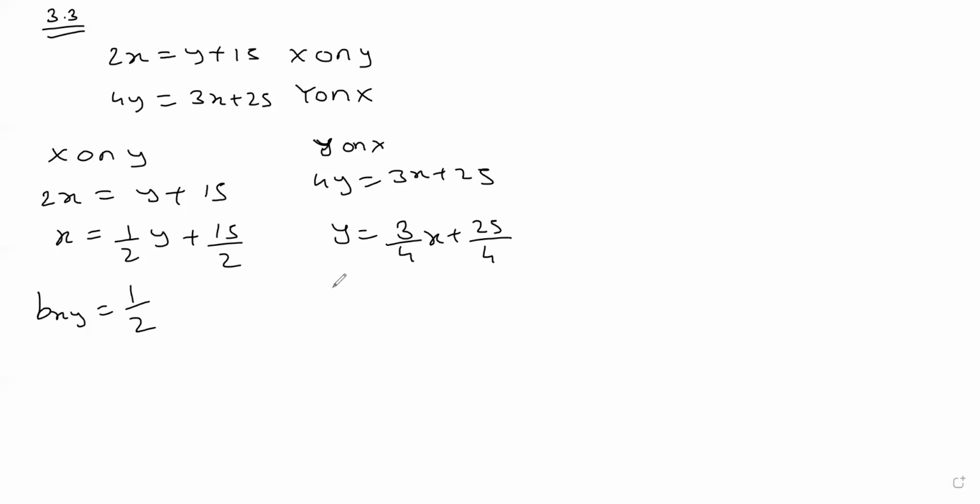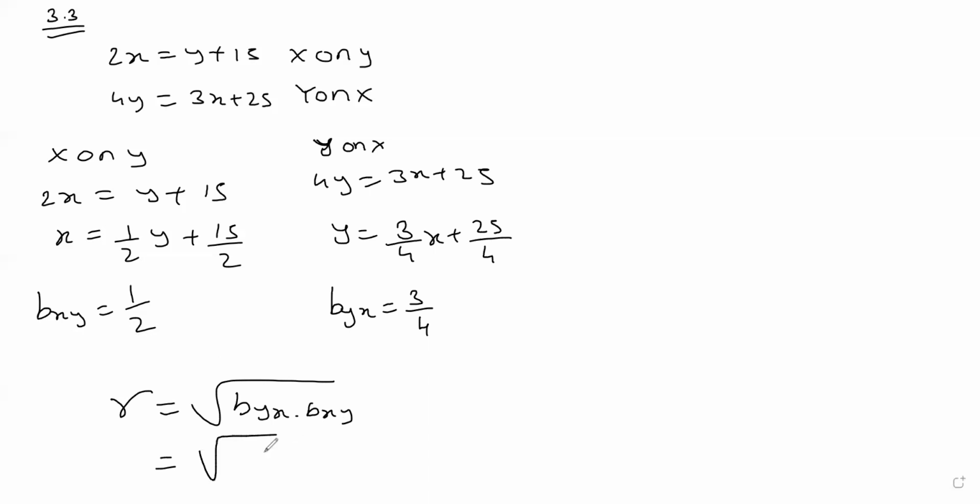So byx is 3/4. So the second, third and fourth we have already found. This is third, this is fourth. r is the square root of byx into bxy. So under root 1/2 into 3/4, that is under root 3/8.